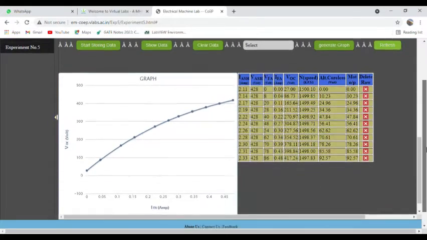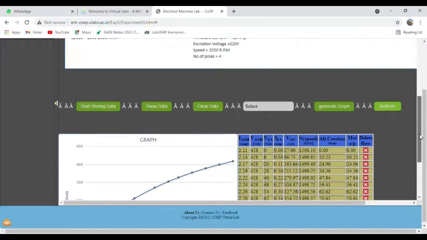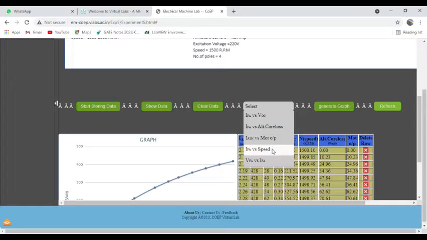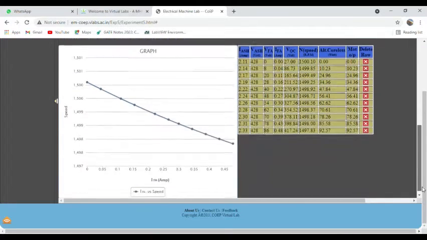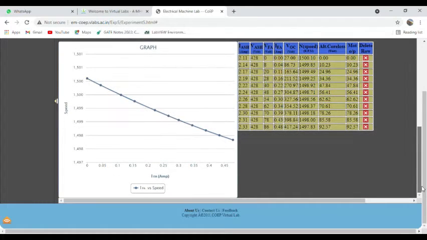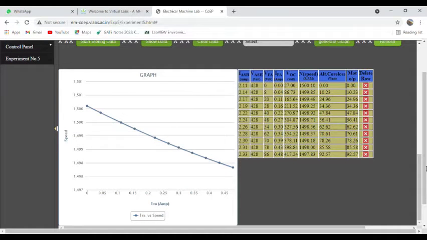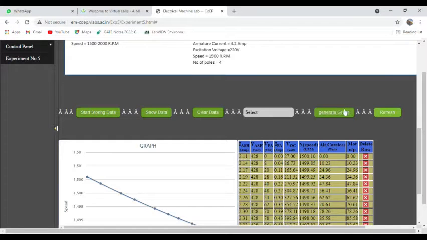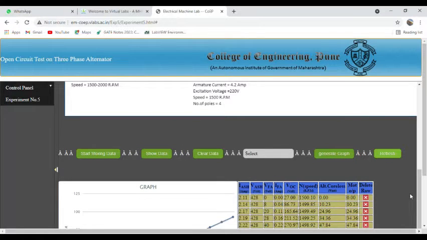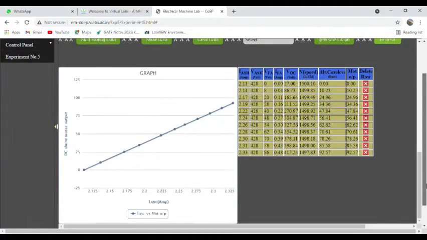Now we can see the graph. In the linear region, most of the applied EMF is consumed by the air gap. Similarly, we can see the speed versus field current graph. And next, the graph between the DC shunt motor output and current.